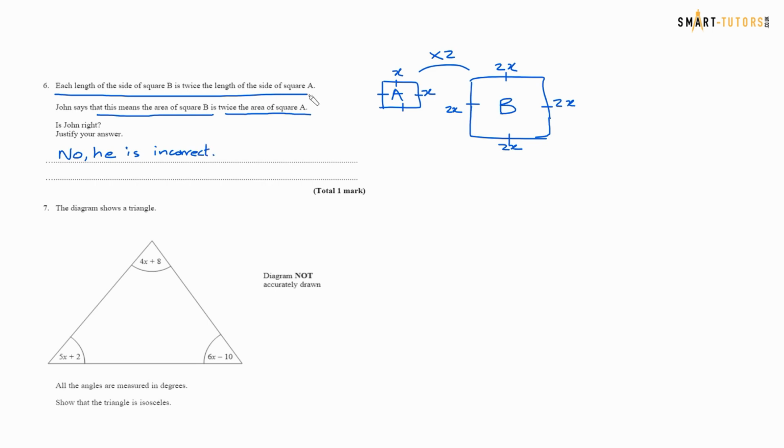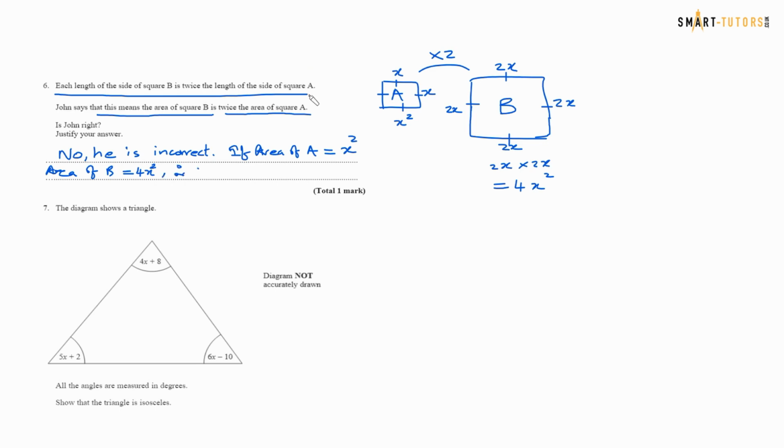Right? So if area of A equals x squared, so x times x is x squared, area of B is 2x times 2x is 4x squared. So area of B equals 4x squared.